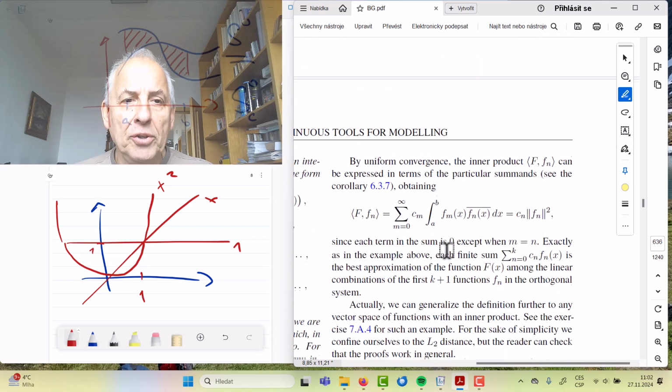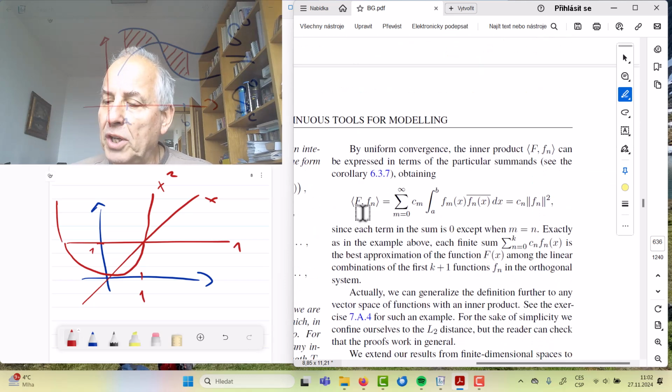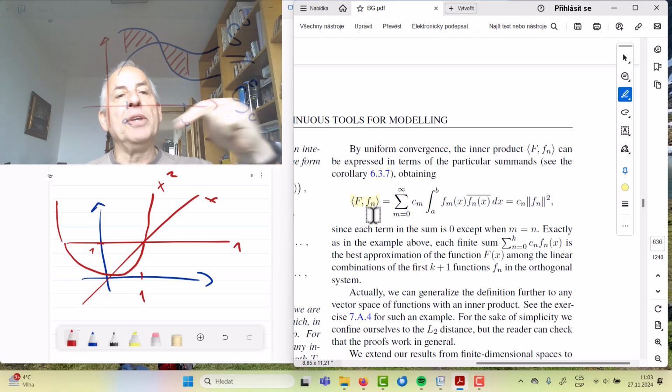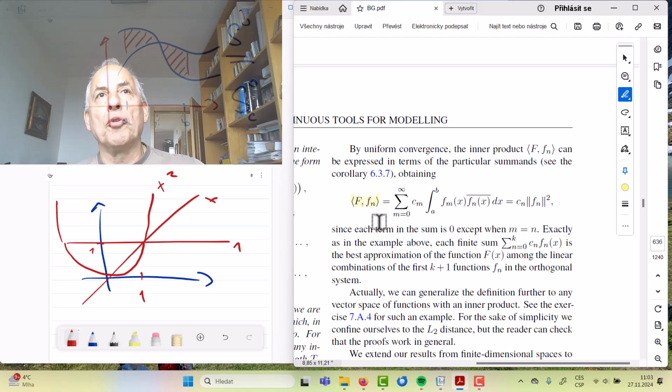And by the uniform convergence, it means that we can compute the scalar product of the left hand side with the members of the orthogonal system, which can jump into the sum, right? Because of the uniform convergence. That's something we proved recently.